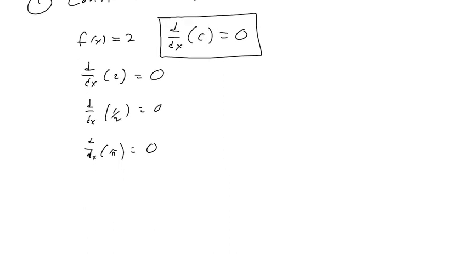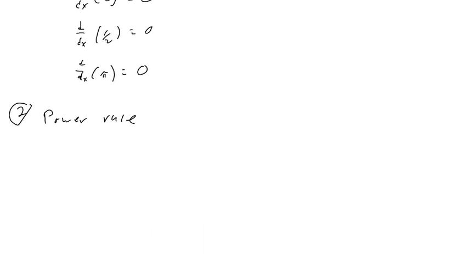Second rule. We have probably the most important rule, the rule you'll be using most frequently, called the power rule. The power rule is what we talked about with those exponents. So if I have some function, f of x, equal to x to some exponent n, it could be x cubed, x to the third power, or x to the ninth power, it doesn't matter.